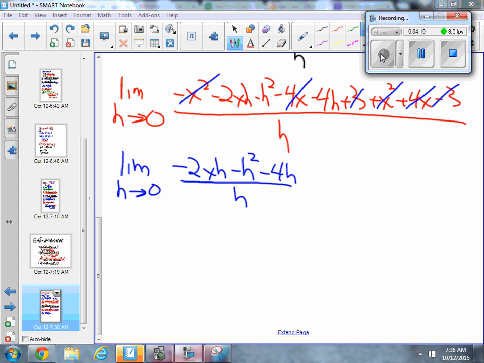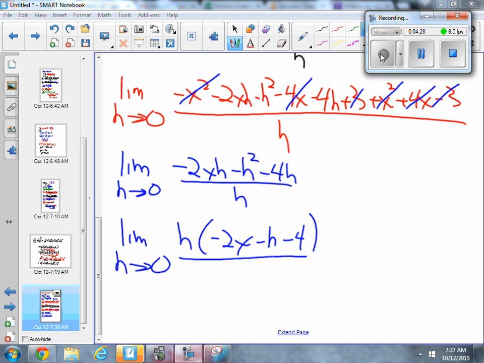So I have the limit as h approaches 0 of h times negative 2x minus h minus 4, over h. And these h's are going to cancel out.